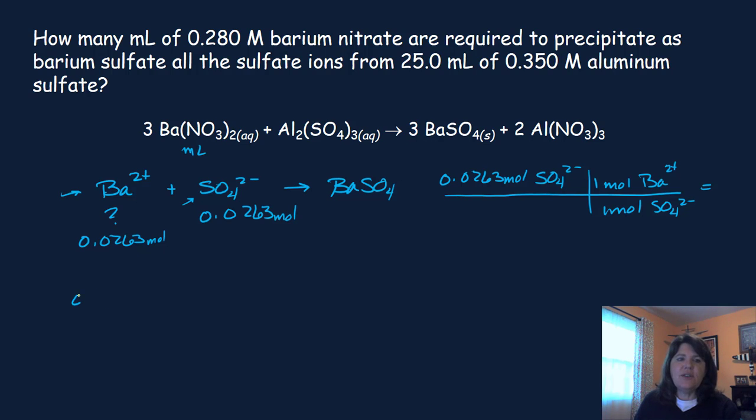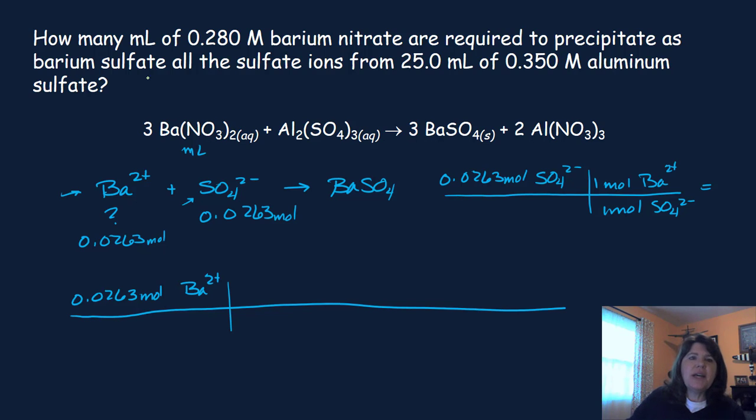I know that I have 0.0263 moles of barium. And if you look at barium nitrate, when that salt dissociates, I know that if I have 0.0263 moles of barium, I can then get from barium to barium nitrate.